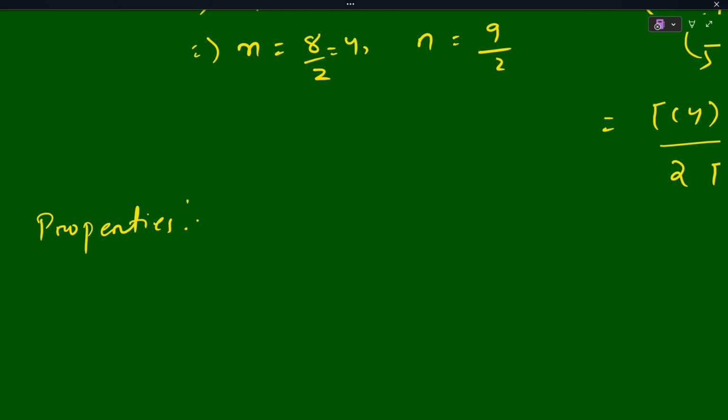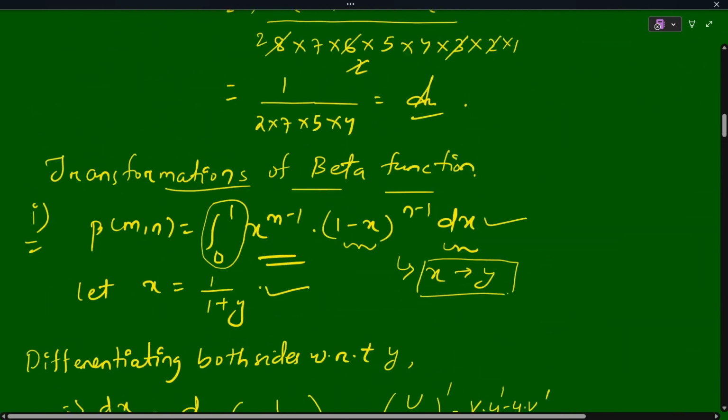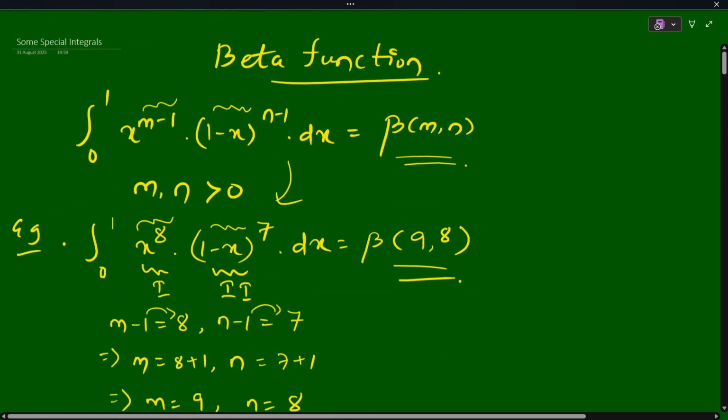Beta mn is equal to beta nm. You just remember this thing. This is the transformation which we can get using the first way of transformation. See, this was the first type of transformation.